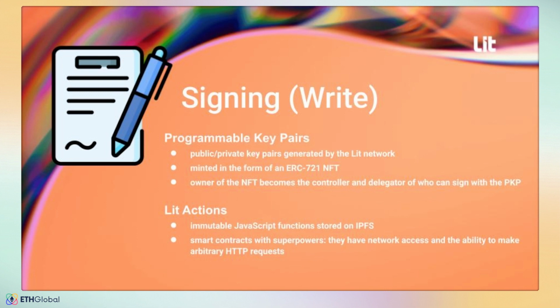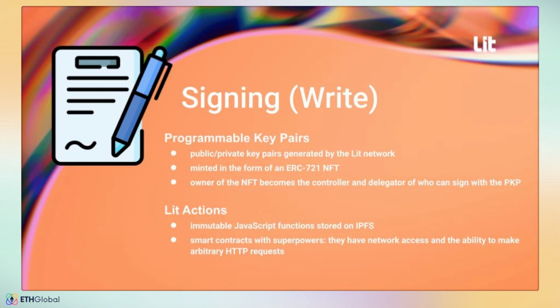Initially at mint, they are the sole controller, and then they can delegate who else can sign with it. In order to get a programmable key pair, you'll need to use Lit's network Chronicle, and you can get some testnet tokens from the faucet and then be able to mint a PKP.